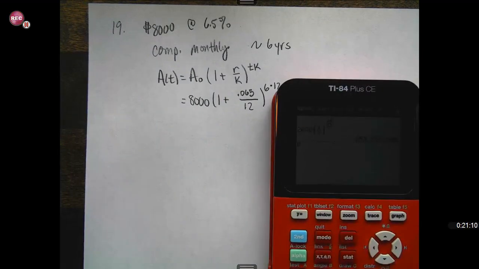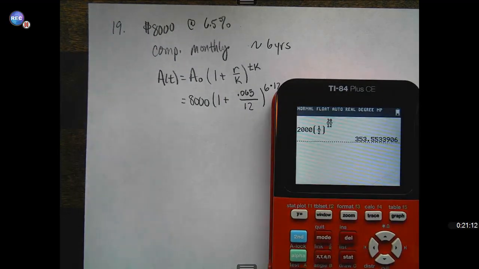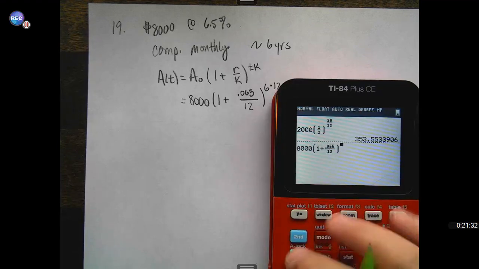So again, go to our trusty calculator here, and I can type in 8,000 times 1 plus 0.065 over 12 to the, oops, don't need a fraction, never mind.